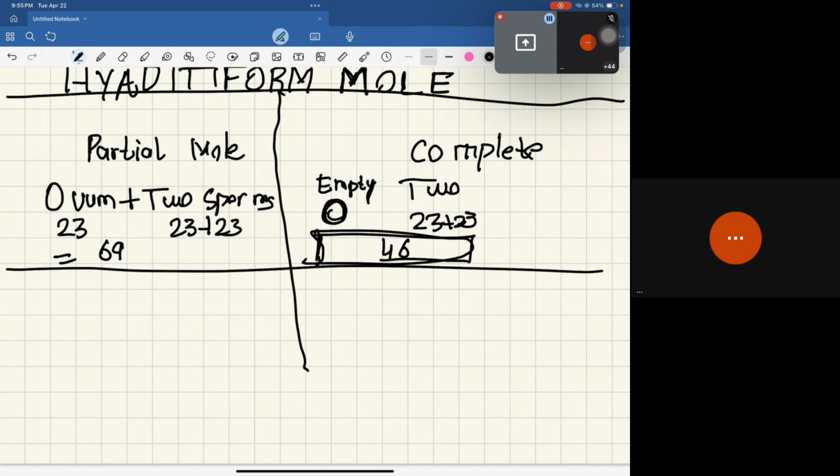So since an ovum is present in the case of a partial mole, some kind of fetal tissue will be present. Remember guys, the ovum contains all of the nutrient supply of a baby in the early stages, right? So the nutrient supply of an embryo will come from the mother.